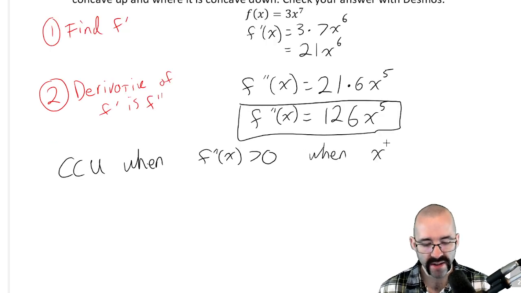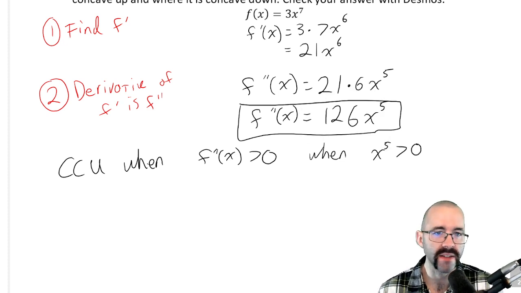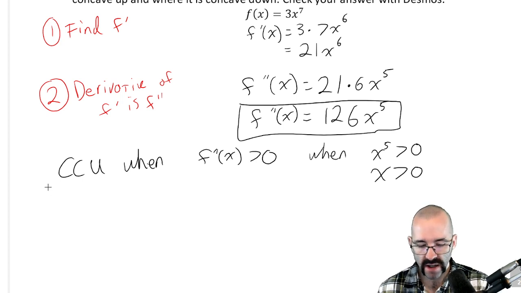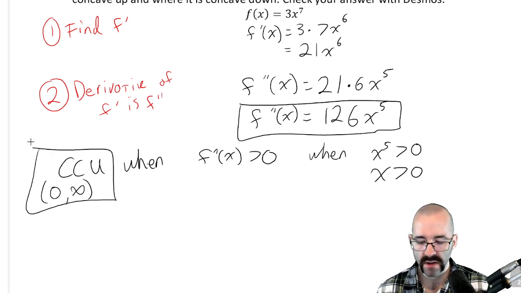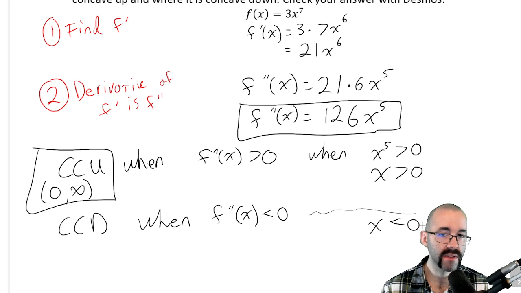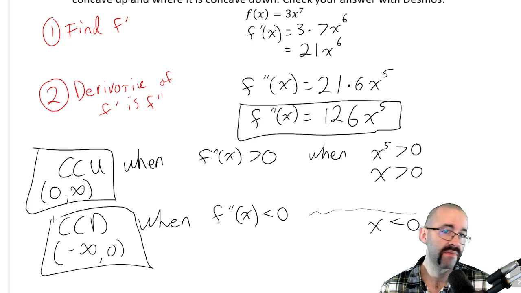So again, that's going to be when x to the 5th is positive, because multiplying by 126 doesn't change whether something's positive or not. Well, this is going to be when x is positive. So it's concave up on the interval from 0 to infinity. And likewise, it's concave down when the second derivative is negative. Very similarly, same line of logic, that's going to be when x is negative. So from negative infinity up to 0, that's concave down.